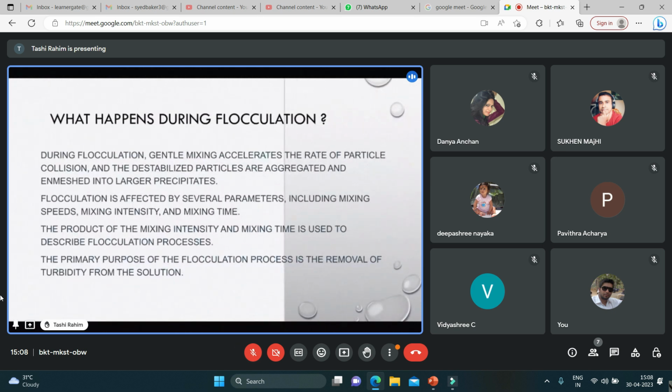Next we have what happens during the flocculation process. During flocculation, gentle mixing is done, which accelerates the rate of collision between the particles. And the destabilized particles present are aggregated into larger precipitates.